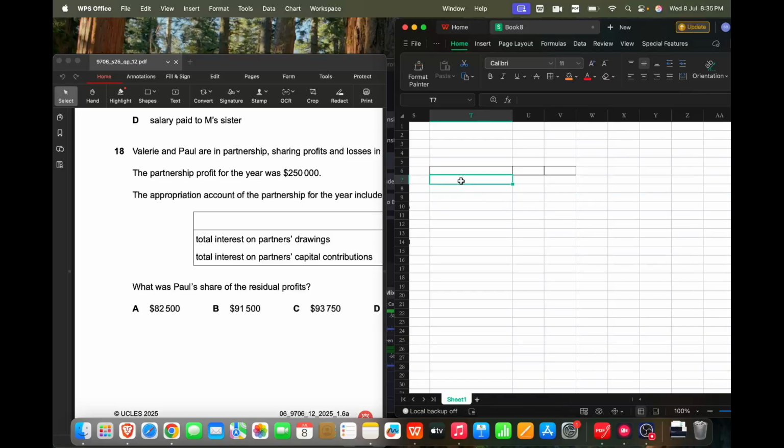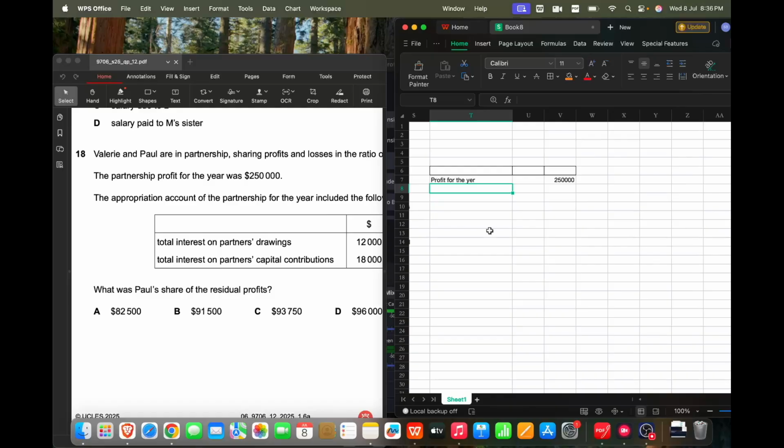So this is your profit for the year, and profit for the year is 250,000, given in the question. Then in the appropriation account, the first thing that we do is add interest on drawings.